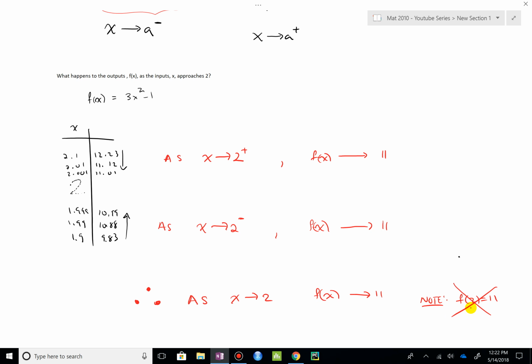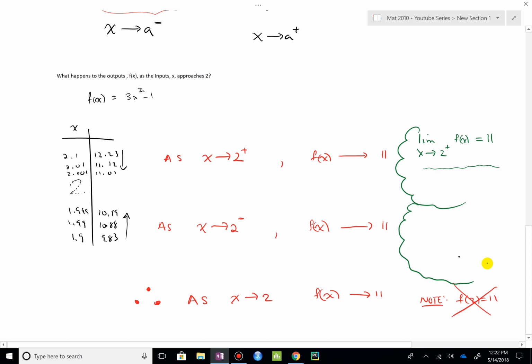Okay, so let's write this now like mathematicians, because mathematicians will write like this. To write this, we write the actual word limit. And what we're trying to do is figure out the limit as x approaches 2 from the right. The function should approach 11. That's what that means. So this symbology is what we use.